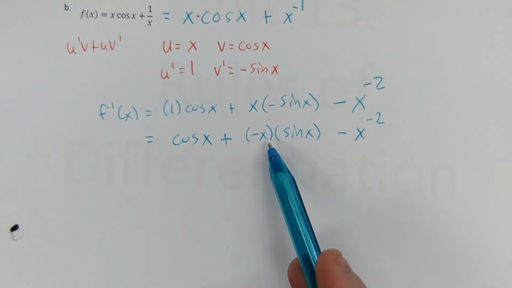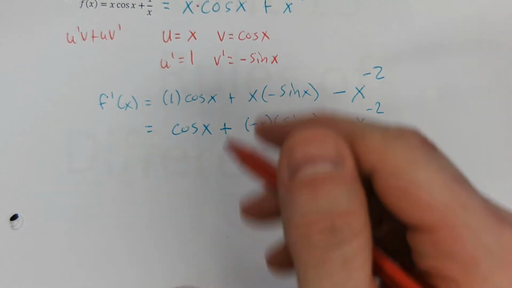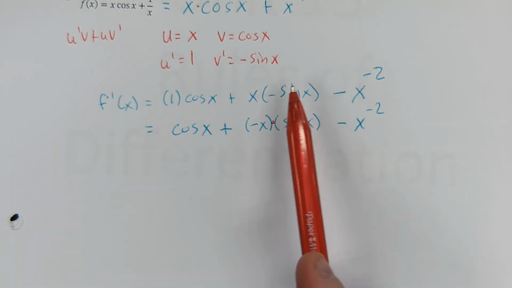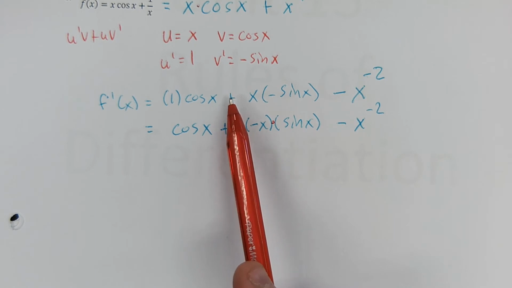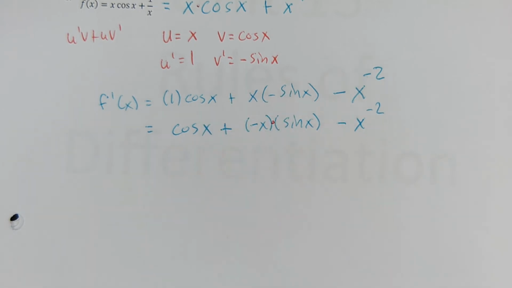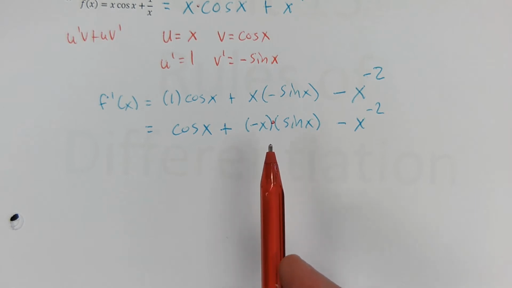Why did I do that? Because when we go to find our second derivative, it is going to require another product rule. However, if you had just put this minus sign in front of this x, there's a chance that you might have forgotten that that minus sign belonged to that x in your product rule. And that's the only reason why I chose to leave it like this, to guarantee that I don't mess up my product rule.